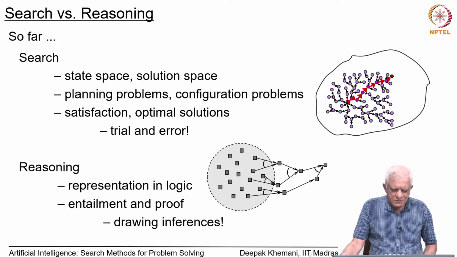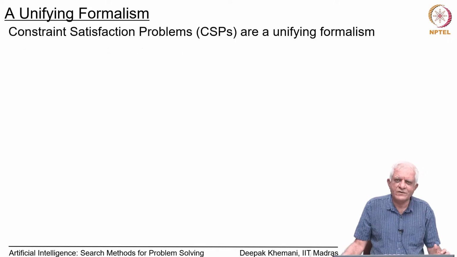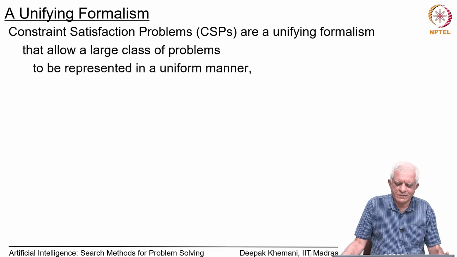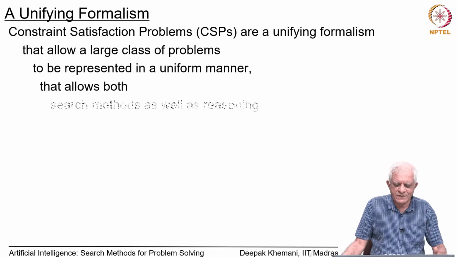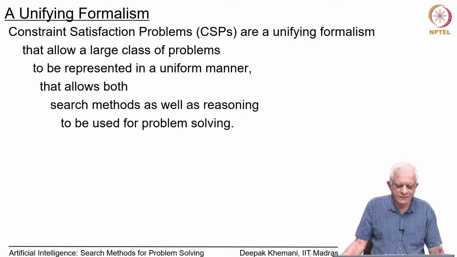So, what we are going to do this week is to look at a unifying formalism, and that formalism is expressing problems as constraint satisfaction problems. CSPs, as we will call them, are a unifying formalism that allow a large class of problems to be represented in a uniform fashion, and allow both search methods as well as reasoning to be used for problem solving.